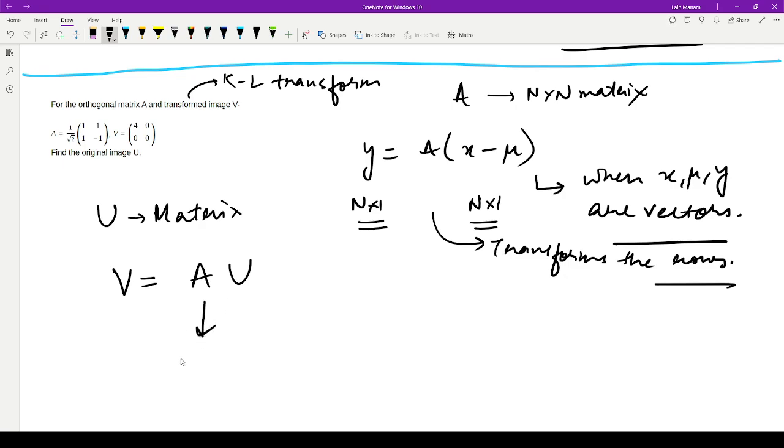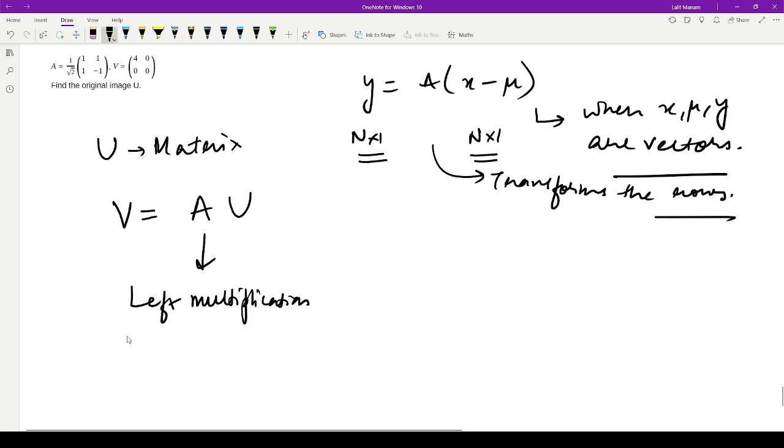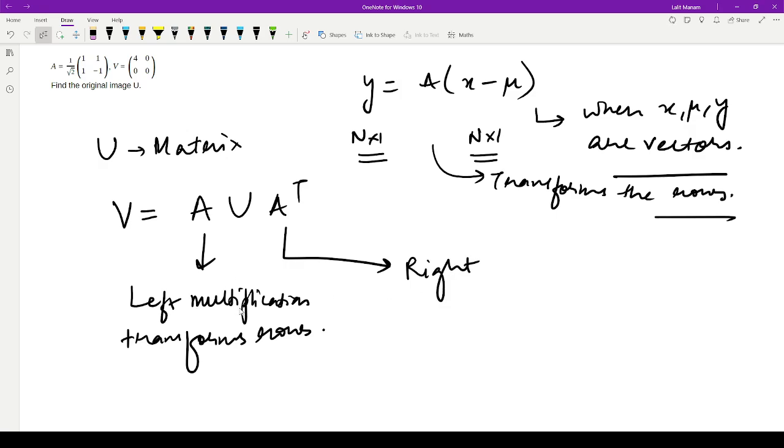Left multiplication transforms rows. What multiplication will transform columns? A transpose. Why A transpose? Why not A? Right multiplication by A transpose. Why do you want to use A transpose instead of A?